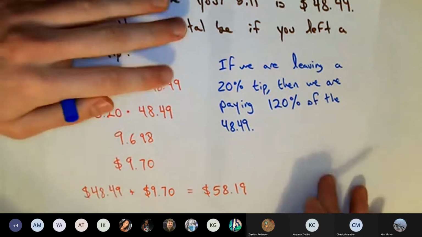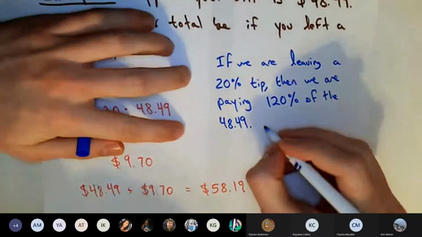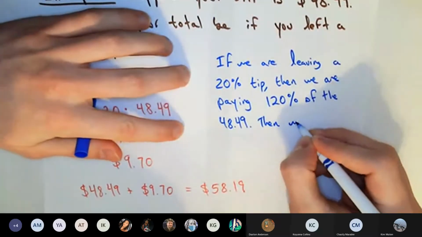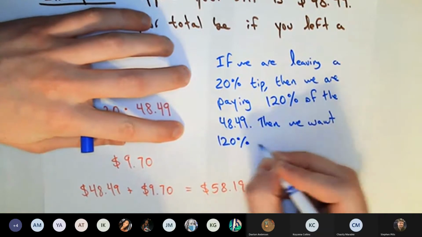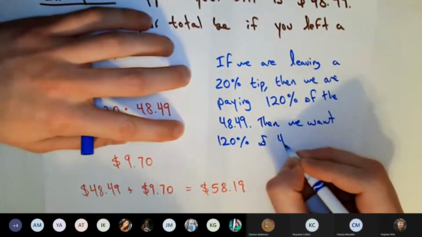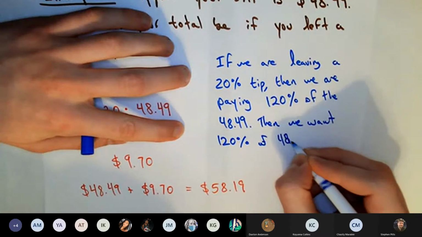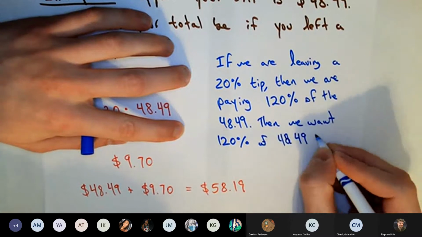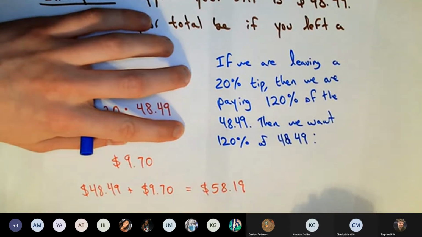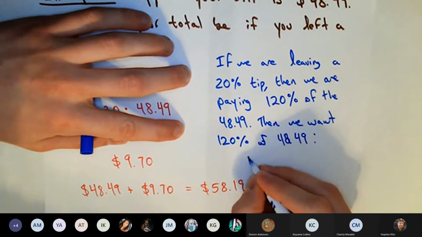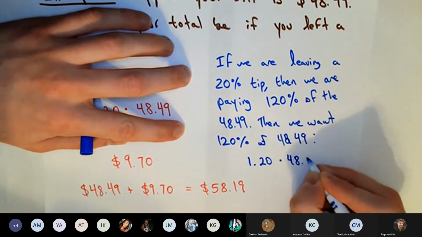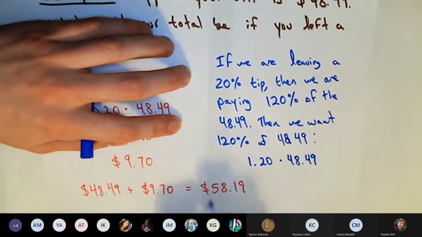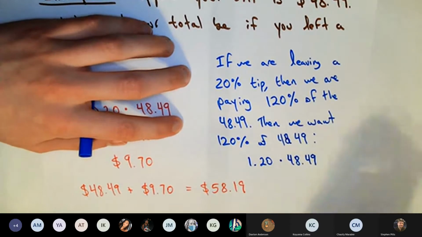So what does this mean though? Like how can we use this? Well, then we want 120% of 48.49. And how does that look? 120% of 48.49, well, that's going to be 1.20 times 48.49, right? Just writing the percent as a decimal.